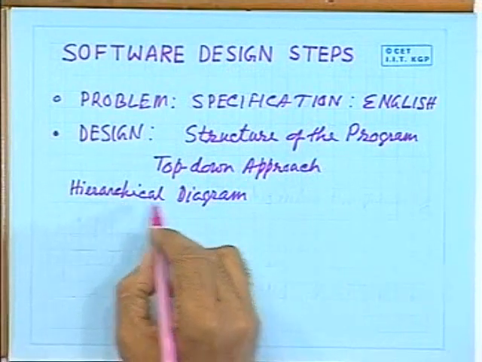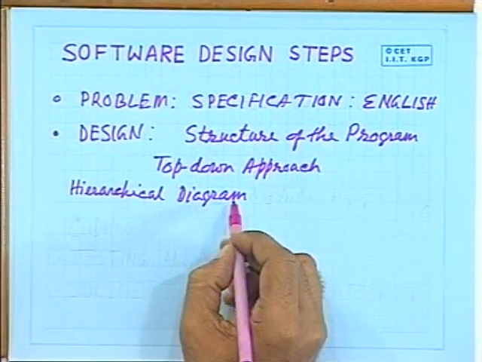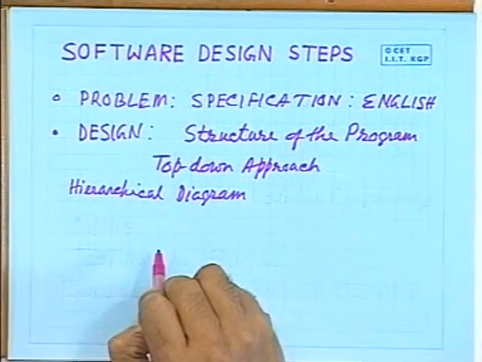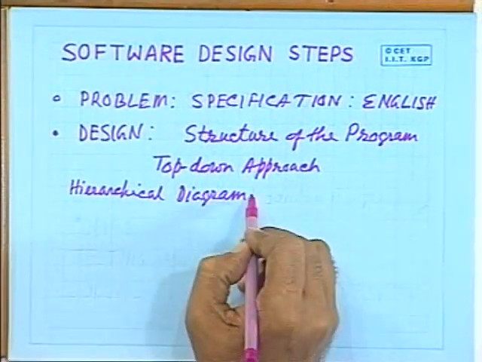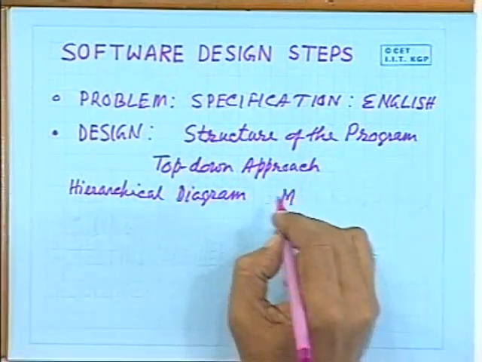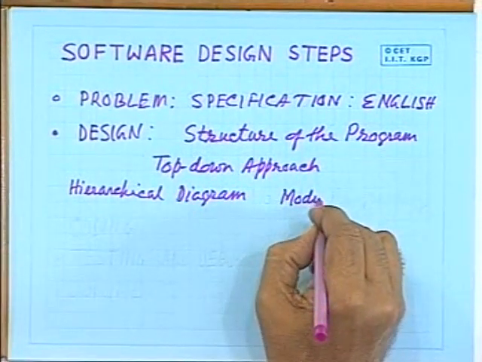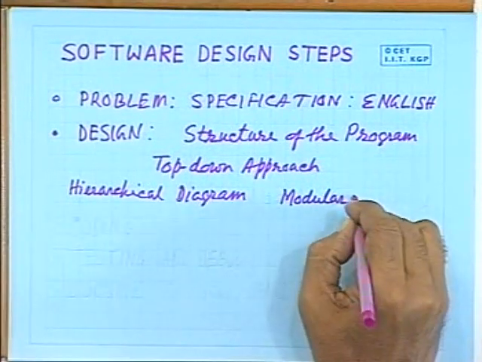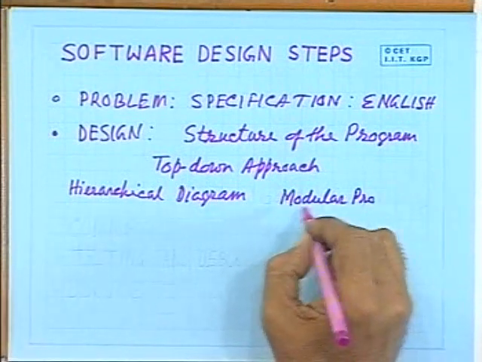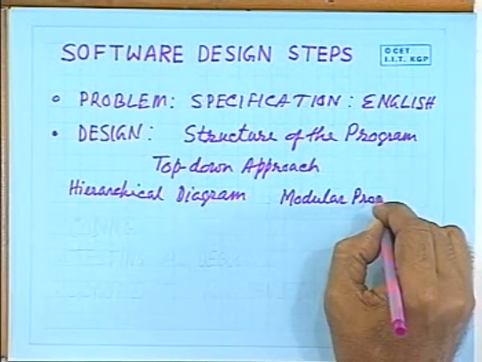So the hierarchical diagram will tell you the modules and submodules. In other words, the concept of modular programming goes hand in hand with this top-down approach. Modular programming: you have divided a single problem into a number of modules.